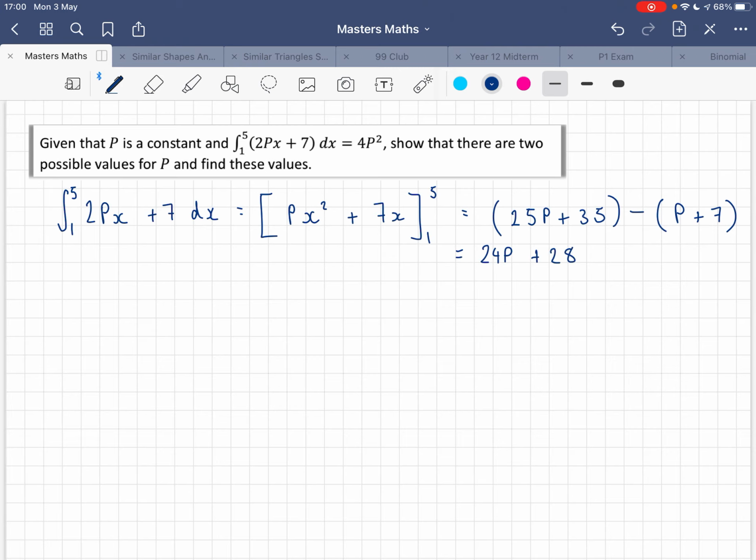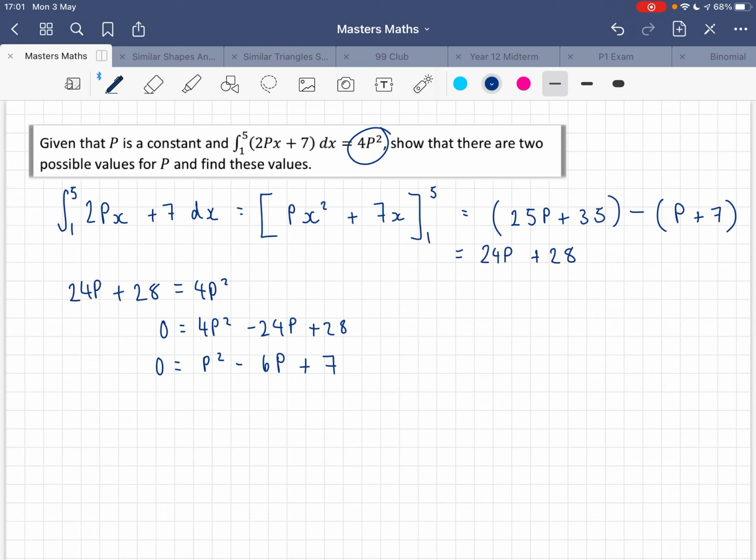So 24p plus 28. I know that that is equal to 4p squared, so I put 24p plus 28 equal to 4p squared. I put everything on one side: 4p squared minus 24p minus 28 equals 0. I can also divide by 4 to make it easier to solve: p squared minus 6p minus 7.